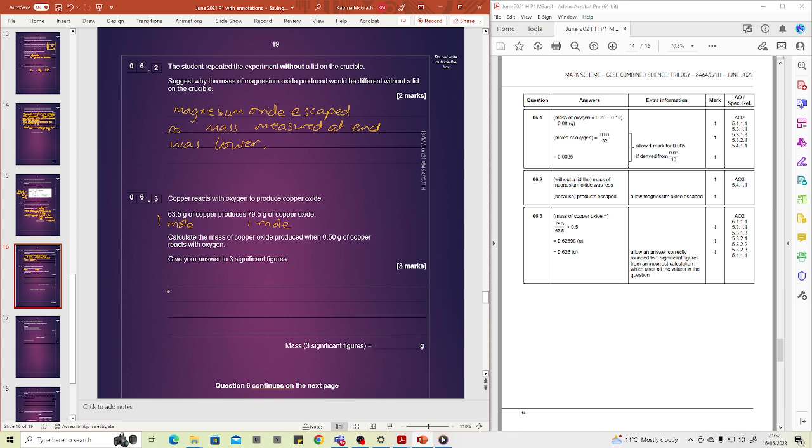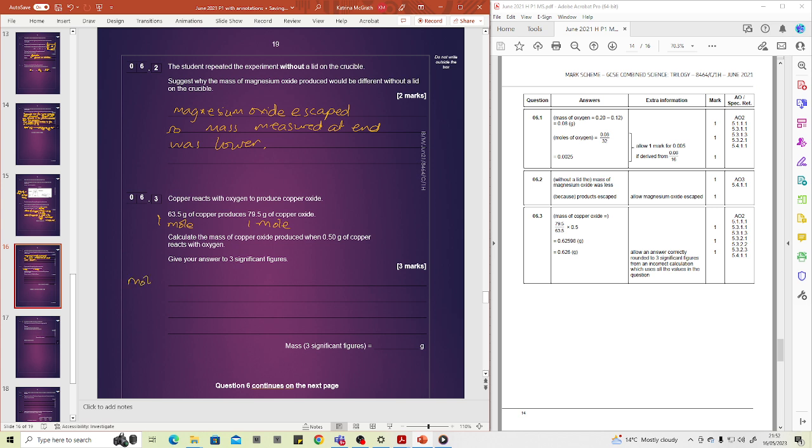So there's a shortcut way of doing this. We're just going to take the ratio of these. So you could go for 0.50 grams of copper and do the whole method. So we can do that quickly.